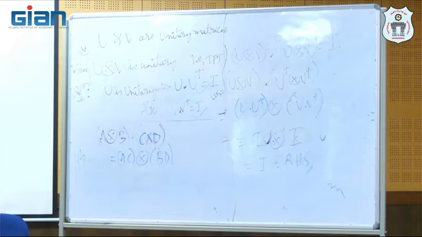Two quantum states described by vectors V and W are said to be equivalent up to a global phase if W equals e to the minus i theta times V. e to the minus i theta is a complex number. Do you know this formula?